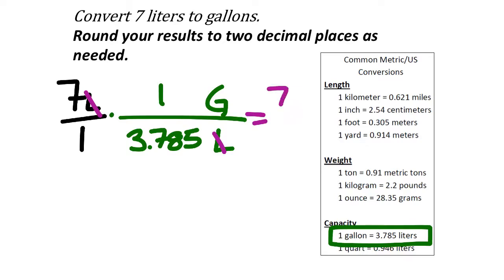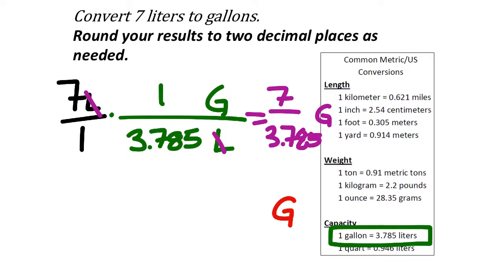But now I got 7 over 3.785. This is in gallons. So I need to put that in my calculator. We'll keep this in gallons, but I'm going to take 7 and divide it by 3.785. There we go.